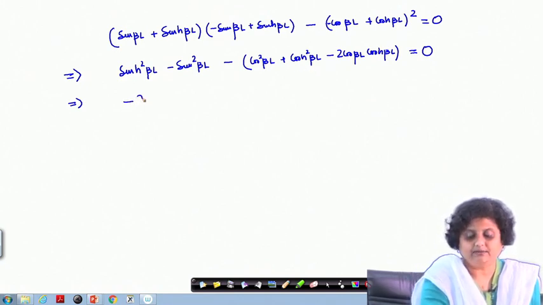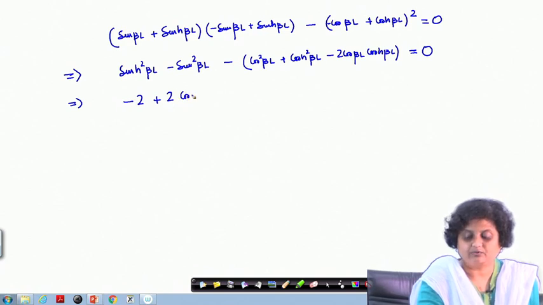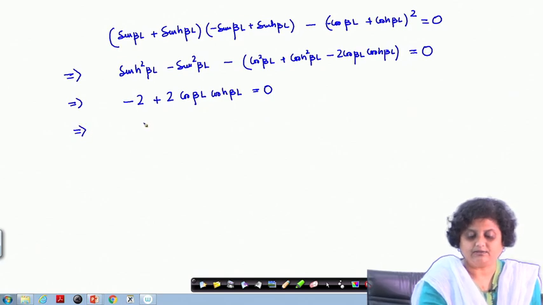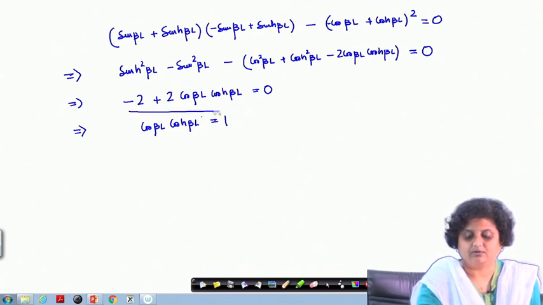So, I have minus 2 plus 2 cos beta L cosh beta L is equal to 0. So, that implies cos beta L into cosh beta L is equal to 1.